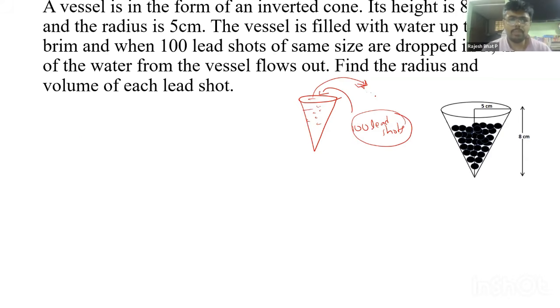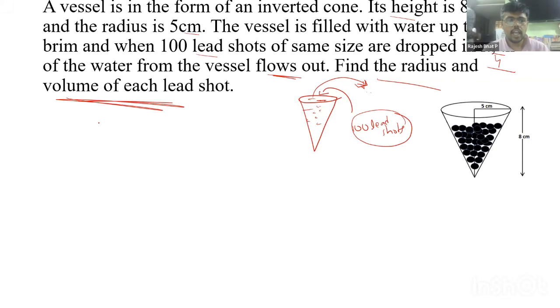So now, very simple. They're asking to find the radius and volume of a lead shot. First of all, you should know how much water came out. They're telling 1/4. In this question, the vessel is filled with water up to the brim, and 1/4 of the water from the vessel flows out.